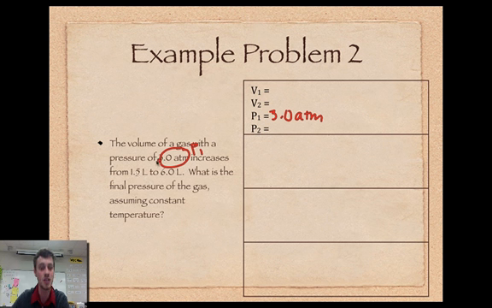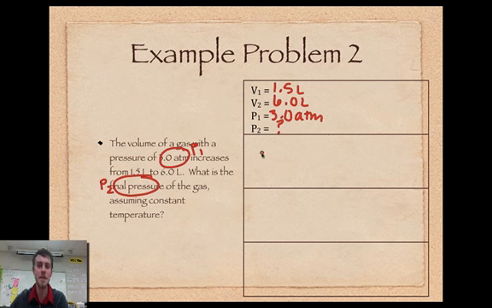So when I have my pressure at 3 atmospheres, my volume 1 is 1.5 liters, and it increases to 6.0 liters, so my volume 2. And my pressure 2 is what I'm going to be solving for. It wants to know what is the final pressure, or my pressure 2.